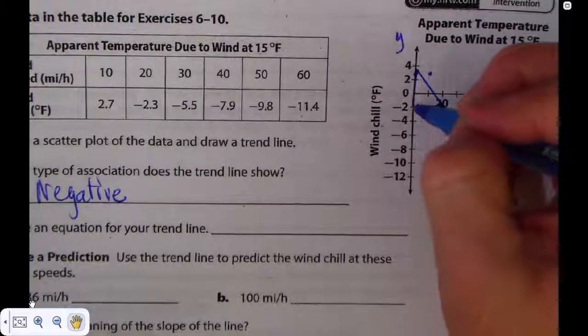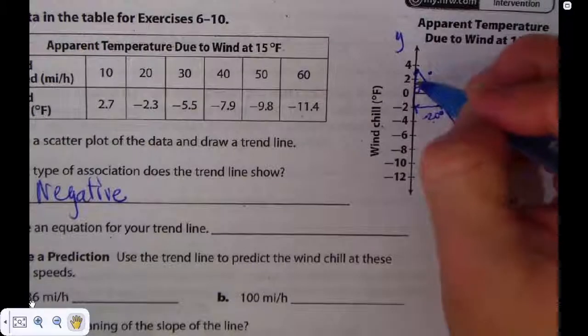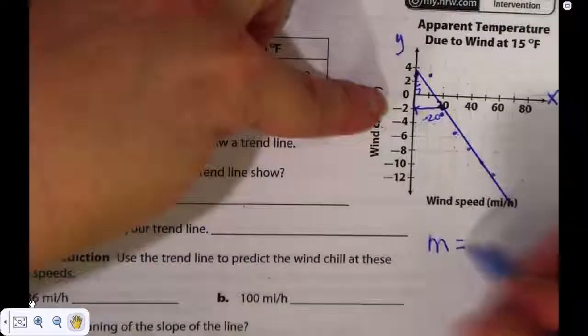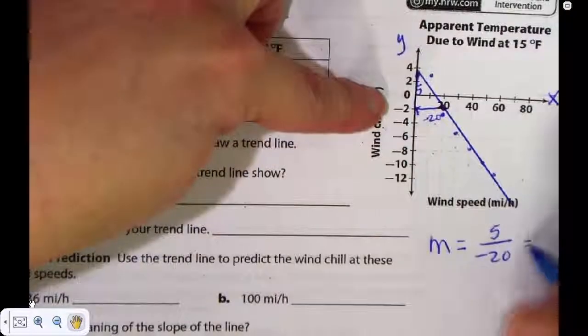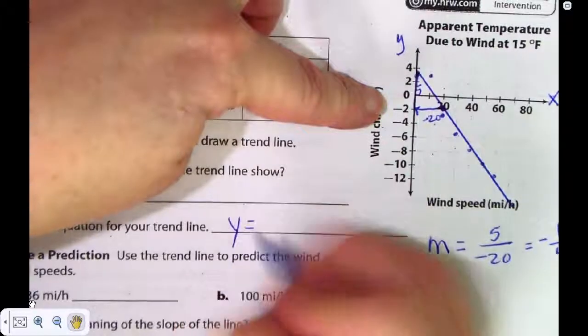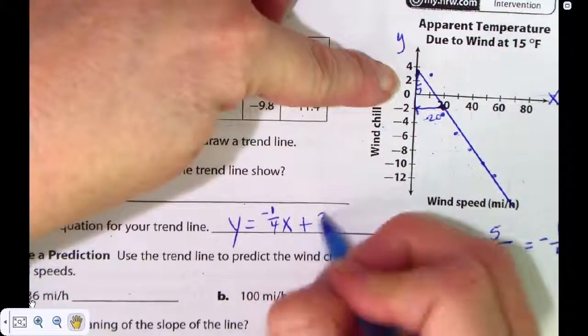Well, we're at -2 up to about 3. What would that be? Up 5? Yeah. So we got 5 over -20, which is -1/4. So y equals -1/4 x plus 3.